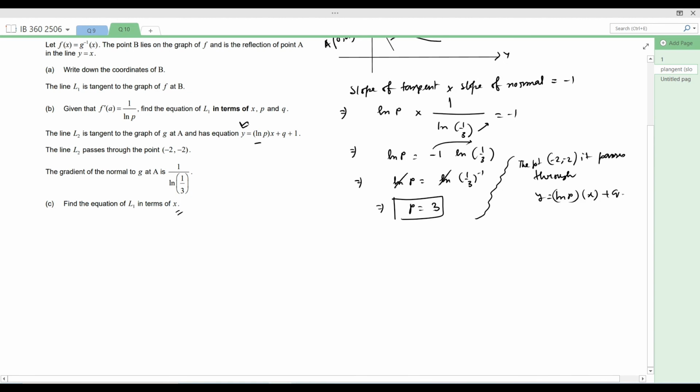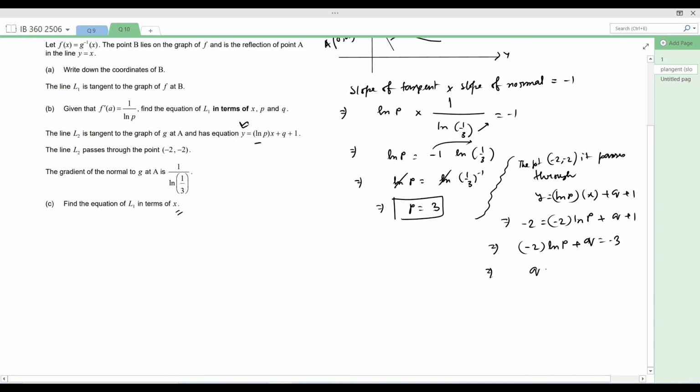So -2 equals -2 ln p plus q plus 1, which gives -2 ln p plus q equals -3. From here we can find q.